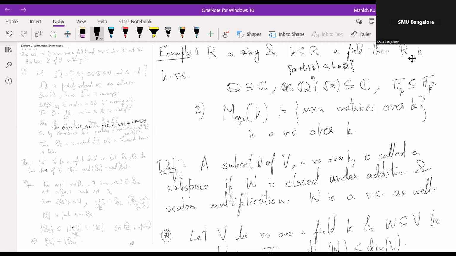So this inclusion F_p in F_p square is again of this kind. F_p square is a vector space over F_p, and one can figure out what the dimension of F_p square is over F_p.